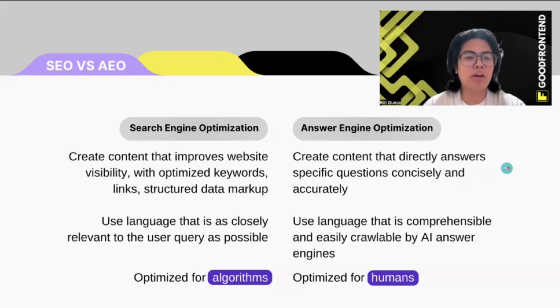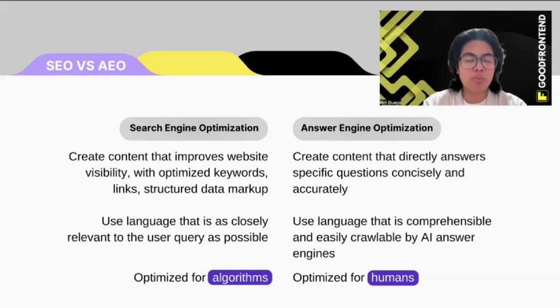In SEO, we use language that is as closely relevant to the user query as possible. When we do research for SEO, we tend to look at search trends, what phrases or words users are searching for, and then we build our content around those phrases. But for AEO, other than keywords and search terms, we use language that is comprehensible and easily crawlable by AI answer engines.